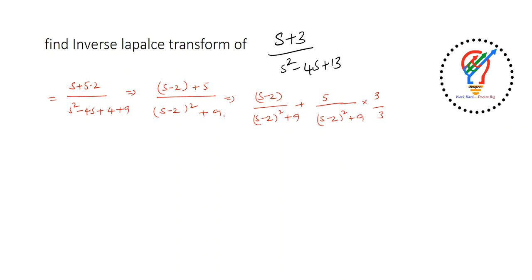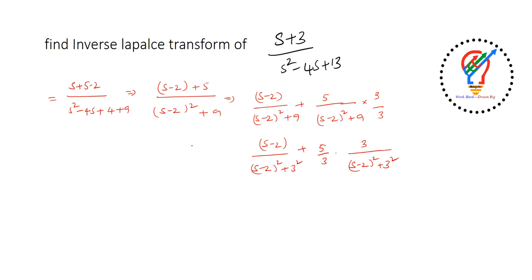Why I will tell you. So how I am going, this s minus 2 divided by s minus 2 whole square plus 9 can be written as s minus 2 divided by s minus 2 whole square plus 3 square. Similarly, 5 by 3 into 3 divided by s minus 2 whole square plus 3 square here.